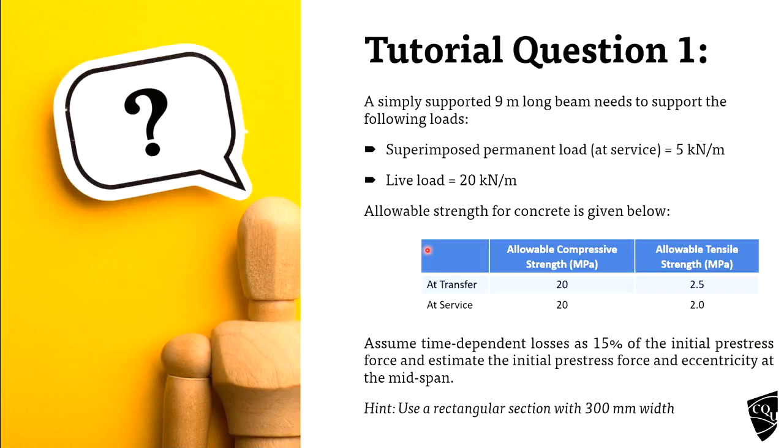What does that mean? I need the cross-section detail, that means the width and the depth of the rectangular beam.